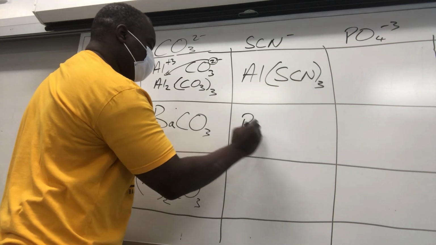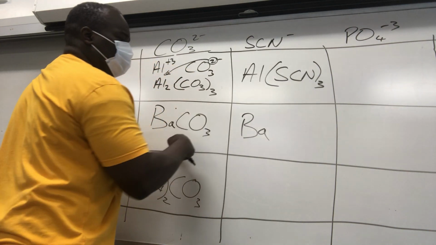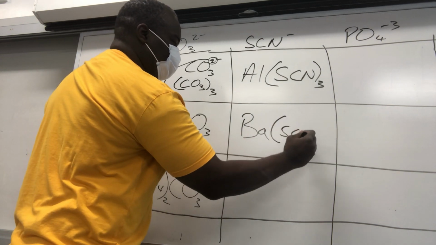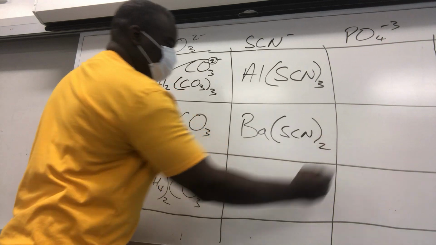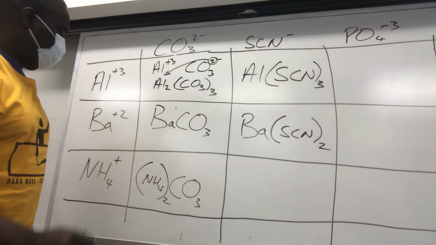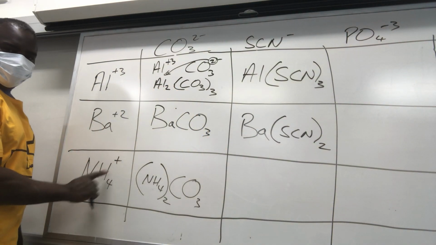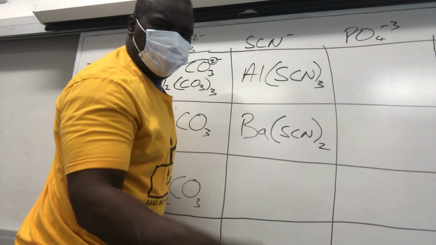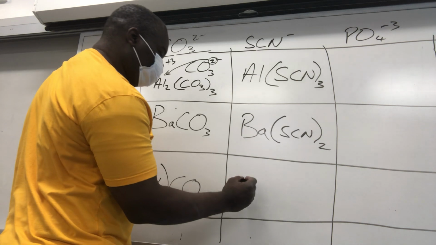The 1 from the SCN goes to the Ba, which doesn't change anything. Parentheses, SCN, put a 2 right there, you're done, you move on. NH4+ is +1, SCN is -1, so it balances each other out, and there are no subscripts to be shown.